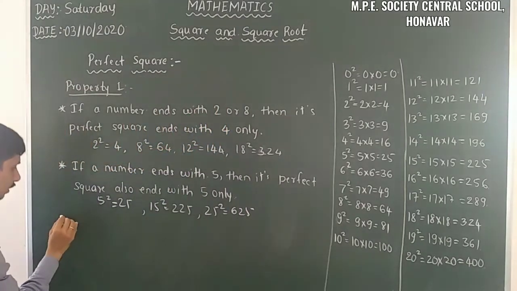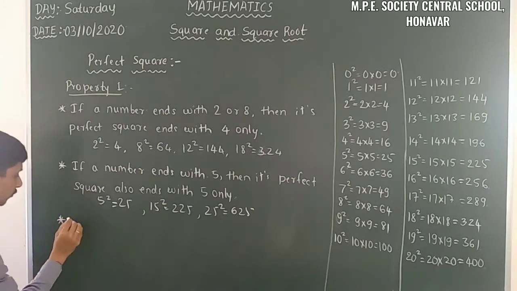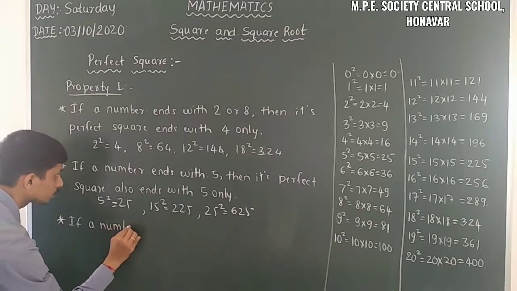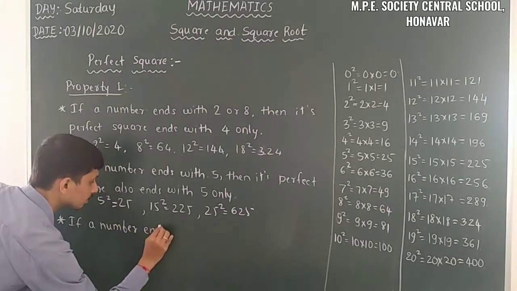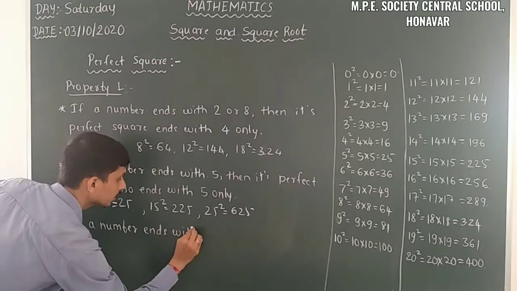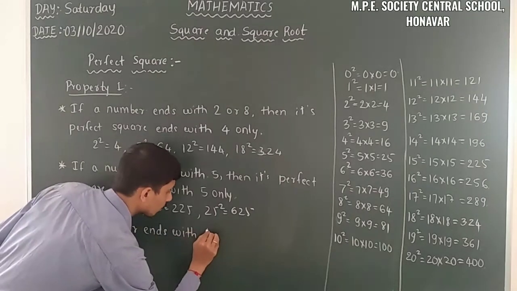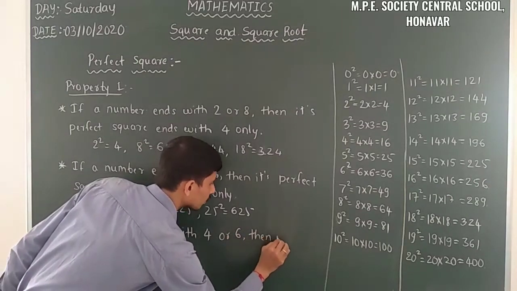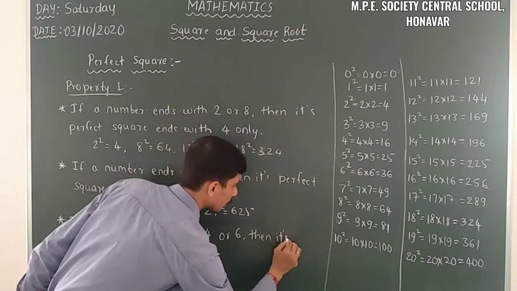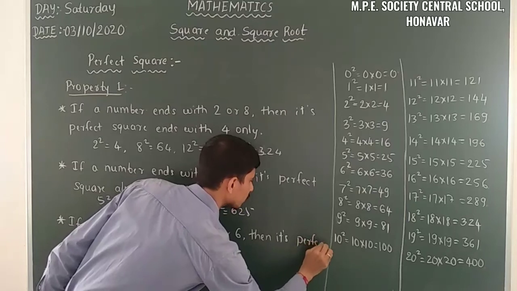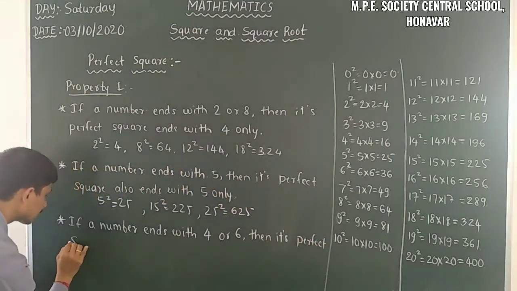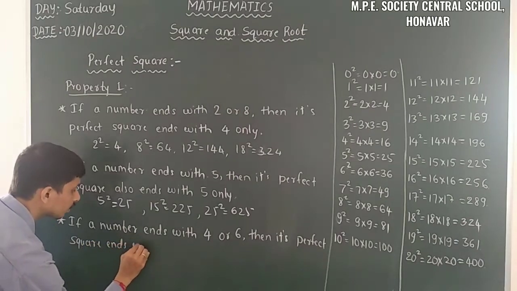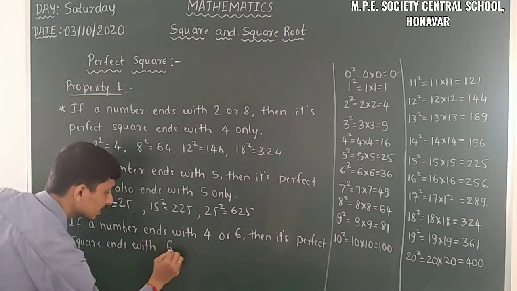So if a number ends with 4 or 6, then its perfect square ends with 6 only.